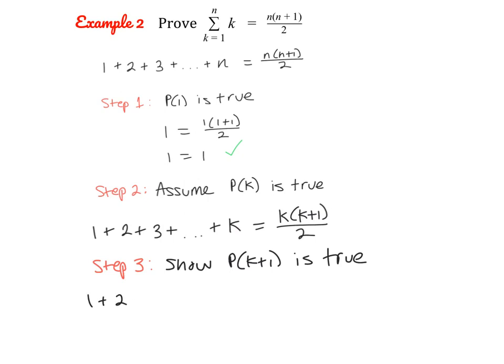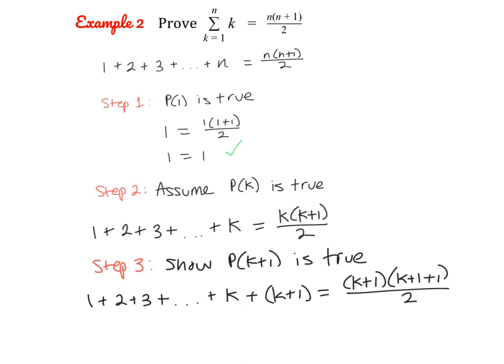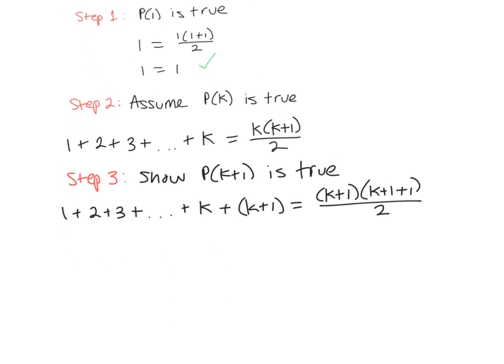So it's 1 plus 2 plus 3 plus dot, dot, dot plus k plus 1. So we've added on that next term, and then we're going to replace k plus 1 for n in the formula. So it should be (k plus 1) times (k plus 2) all over 2. So we need to show that this statement is true.